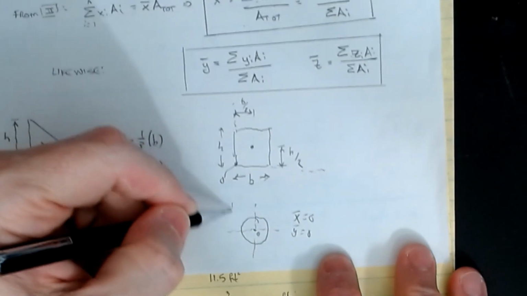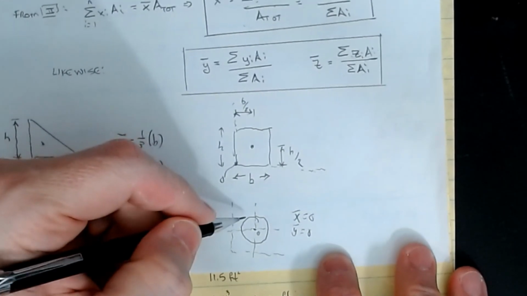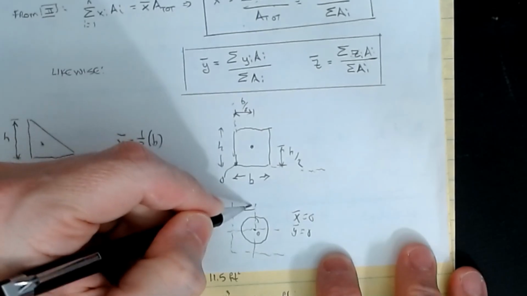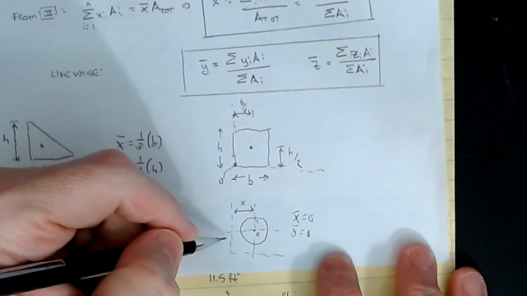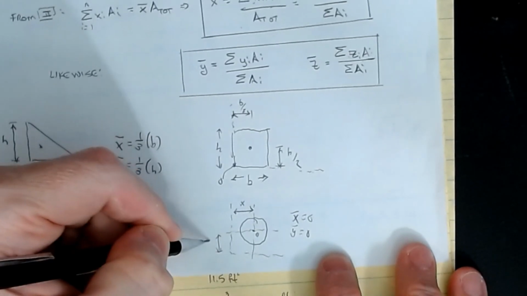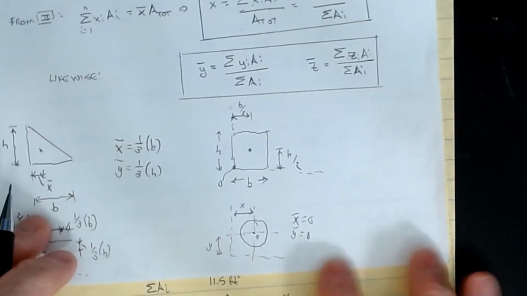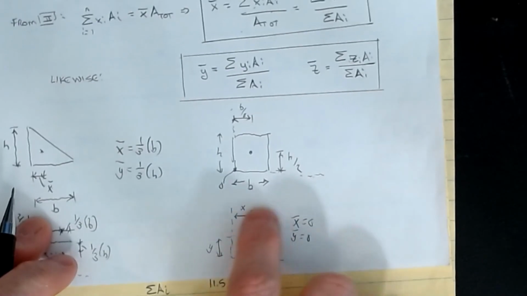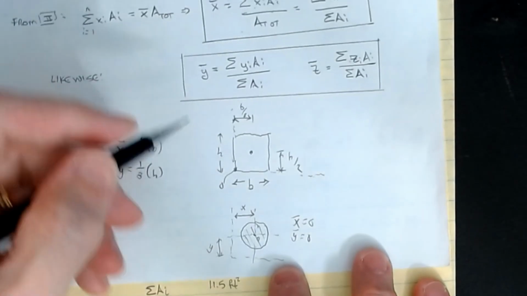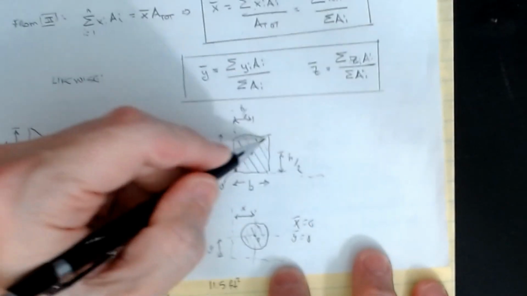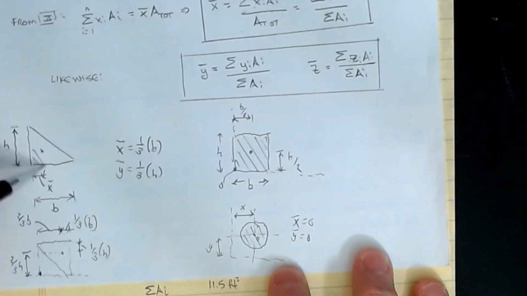But if you chose to set your reference down here, then all you have to do is figure out where in space the center is, and that becomes an x, and maybe this becomes the y, and you can locate the center of the circle from that new reference, how far it is to the center. Okay, so these are the areas that we're dealing with. I'll shade these a little bit so you can be clear on which areas I'm talking about. So that's all there is. Those three will get you a long, long way in our particular calculations. In fact, that's what we need to be able to do this one.